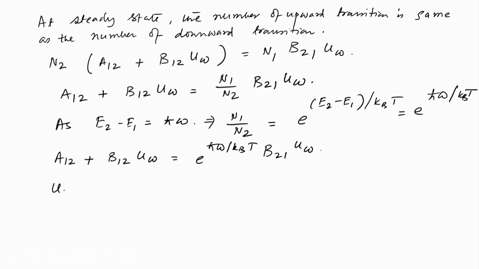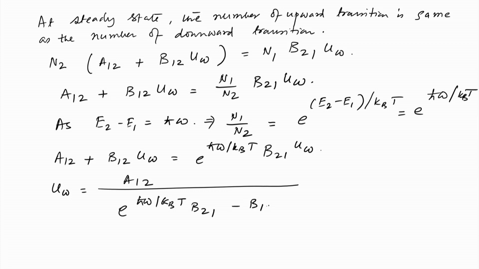So, u omega is equal to A12 divided by (exponential of h cross omega by kT times B21 minus B12).